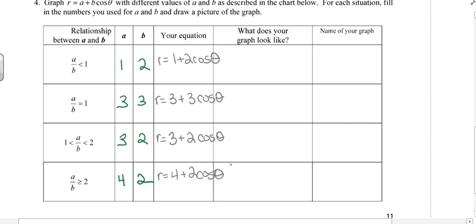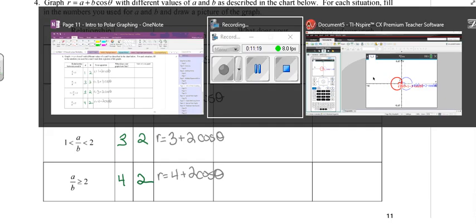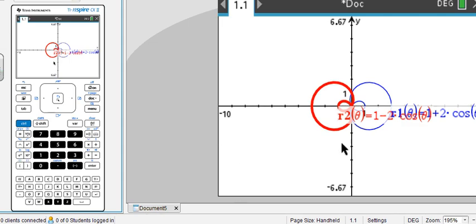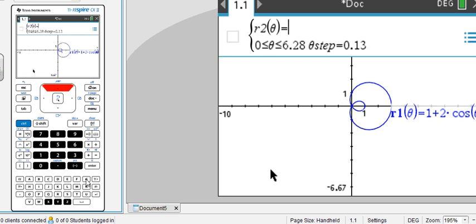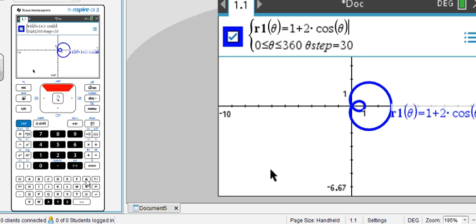All right, so I'm going to get down to business and get down to work. I'm going to start right back up at the top again and graph that equation, 1 plus 2 cosine theta. Oh, and look at that. When you're good, you are good, because I already have that graph right in my calculator. I'm going to go ahead and remove the second graph. And there's my 1 plus 2 cosine theta.